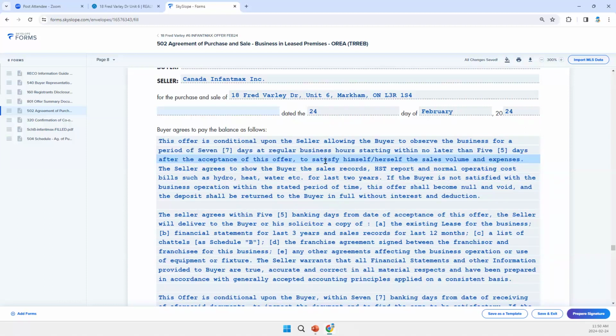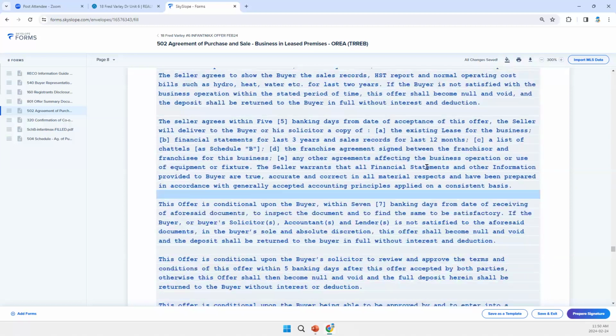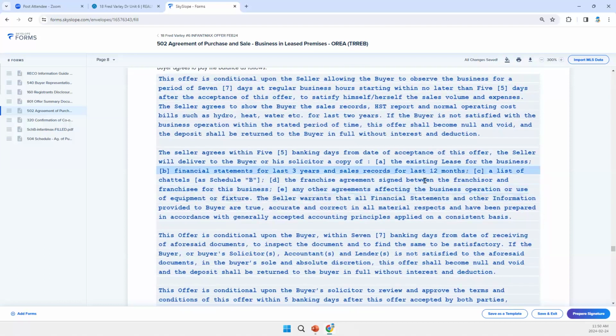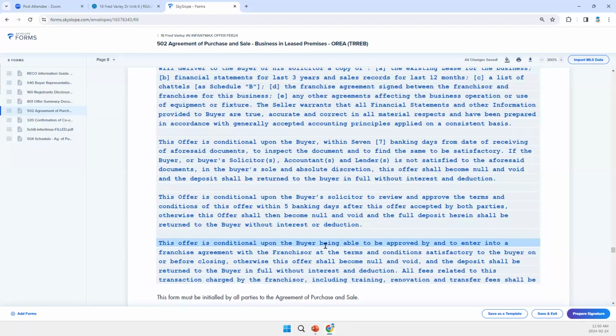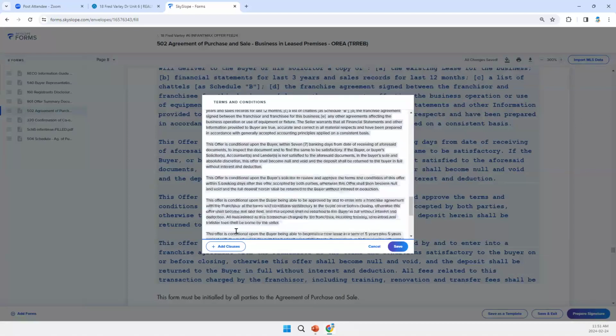Nothing to say there. The buyer just observes and says whether they feel good or not. There's nothing to prove. This is what I would probably ask your lawyer to prove. Anyway, being able to get approval to enter the franchise agreement with the franchisor, but in this case we don't have a franchise.